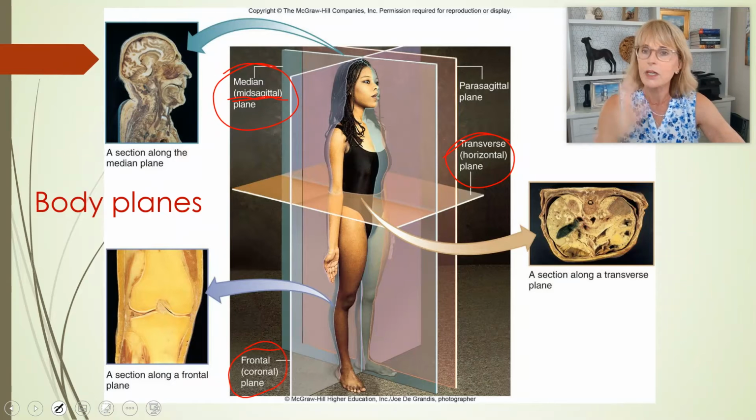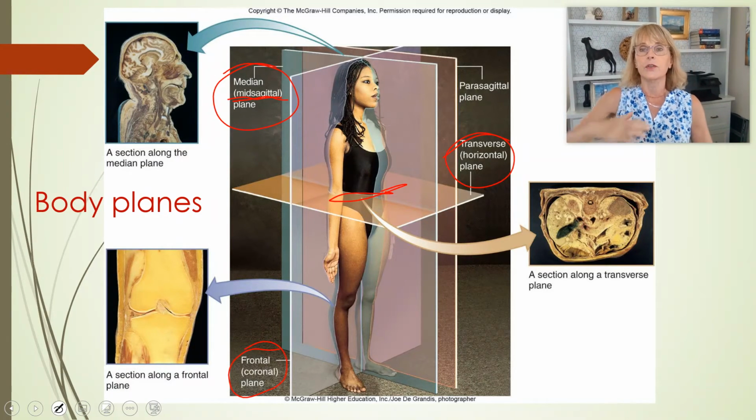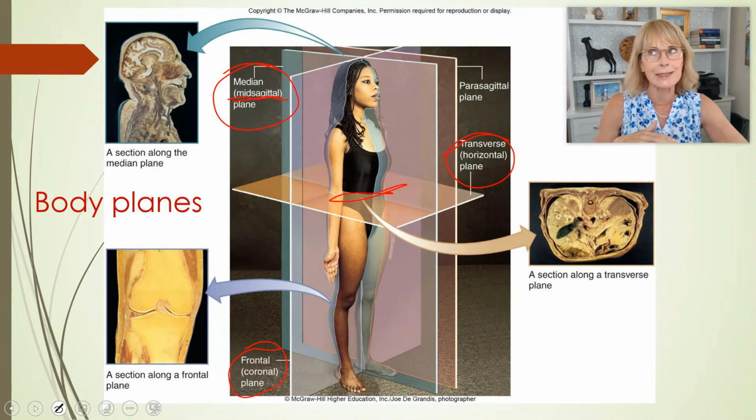Okay? The other way they could slice me is right there across the center, so that there's a top piece and a bottom piece. By the way, it doesn't have to be exactly in the middle, but if there's a top piece and a bottom piece, it's called a horizontal plane or a transverse section, okay?